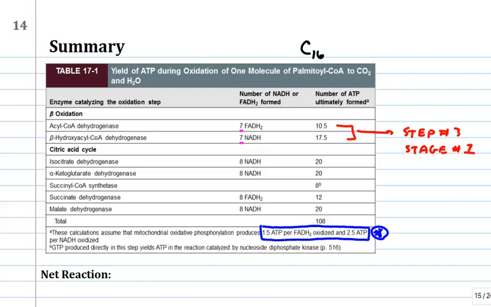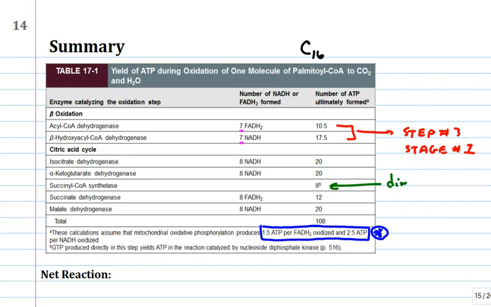Then we have to figure in all the ATP that can be made from the citric acid cycle, because the 8 acetyl-CoA you make from the 1 palmitoyl-CoA molecule goes into the citric acid cycle. And this is just kind of review of the citric acid cycle. In this case, we do make some ATP directly, right? This is not through cofactors. This was the substrate level phosphorylation reaction that occurs in the citric acid cycle.